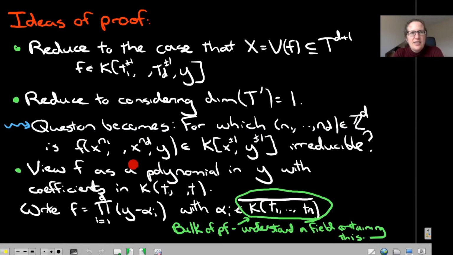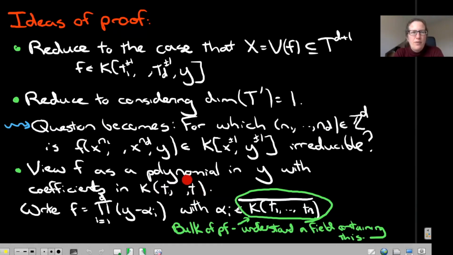And now the next step is, let's view f as a polynomial in y with coefficients in, and it looks like when I was editing this, I removed some subscripts. This should say the field of rational functions in t1 up to td.